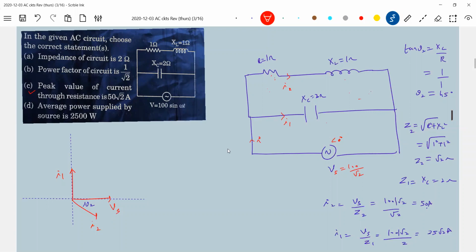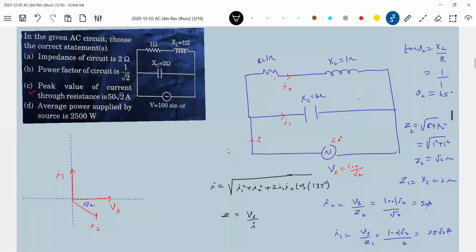The resultant current I should be equal to the root of I1 square plus I2 square plus 2 I1 I2 cos of 135 degrees. We know I1, I2, all the values, so this will give us I. Once we get I, the total impedance will be Vs by I.